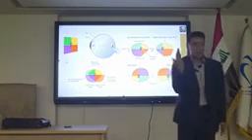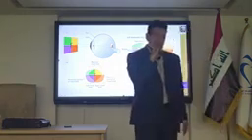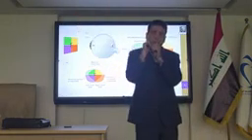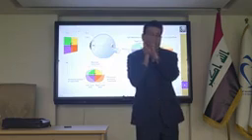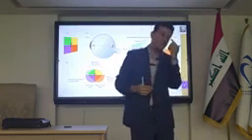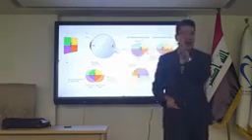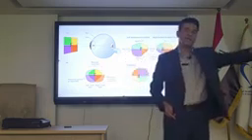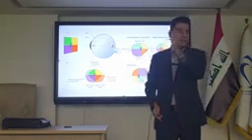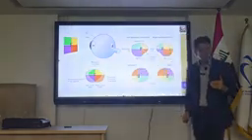So on each side, the nasal half sees lateral part. Temporal retina sees medial side. And for this eye, nasal half sees lateral part, temporal retina sees medial part. Got this?